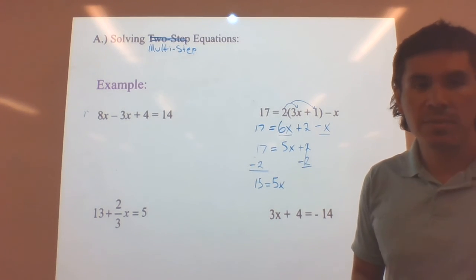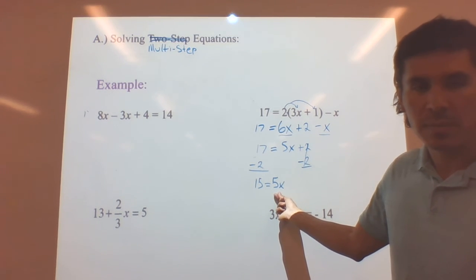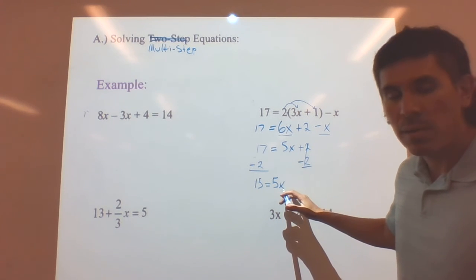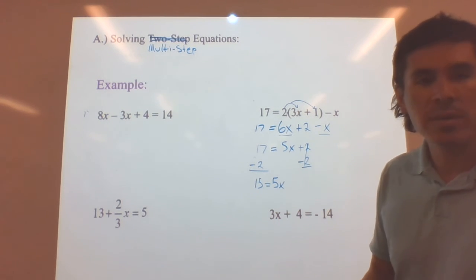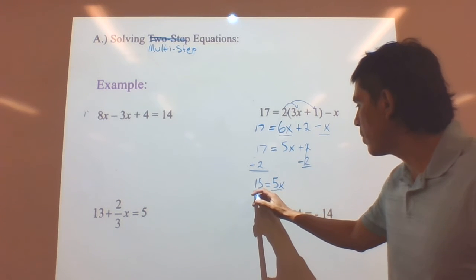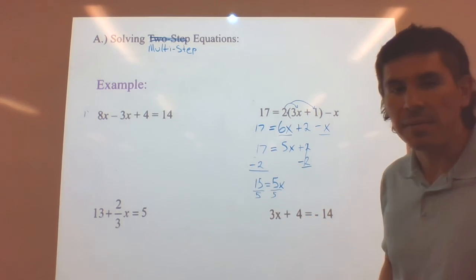What mathematical operation is happening to my variable? You can see that it's being multiplied by 5. So what's the inverse of multiplication by 5? The inverse is division. So we divide both sides by 5.